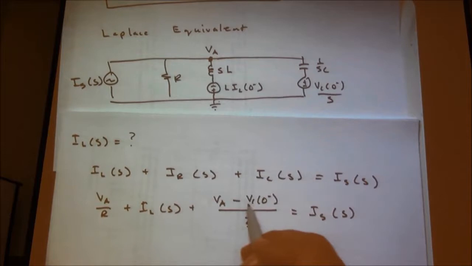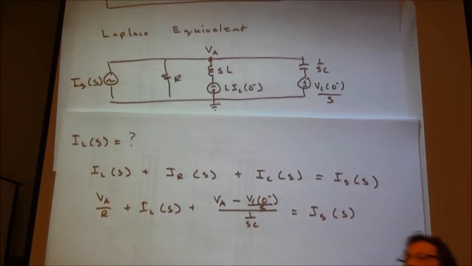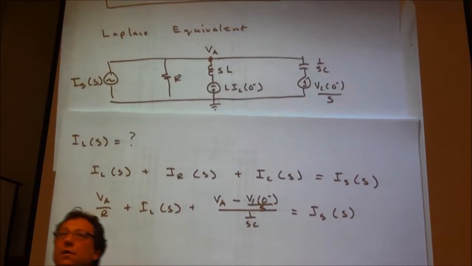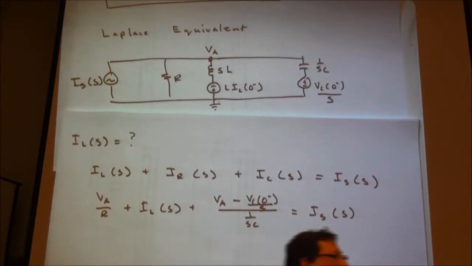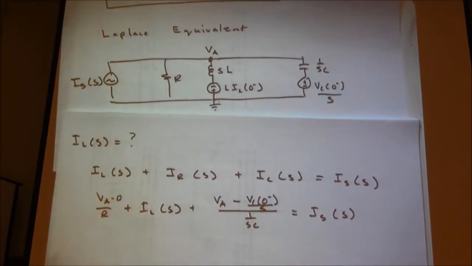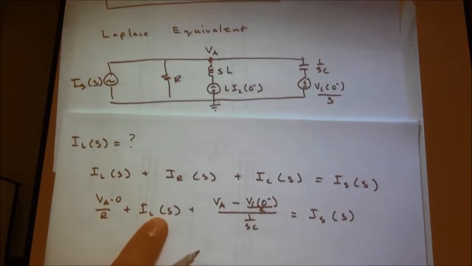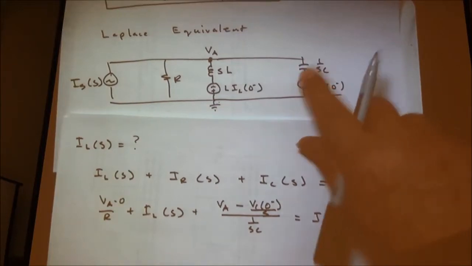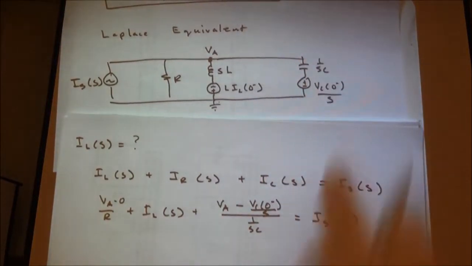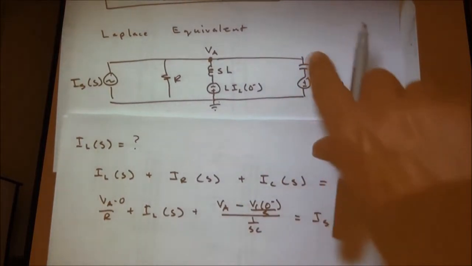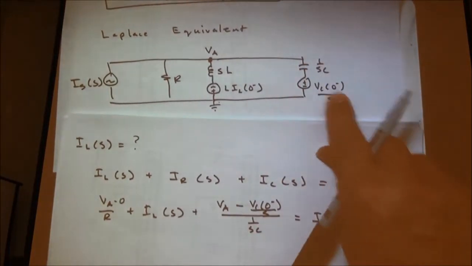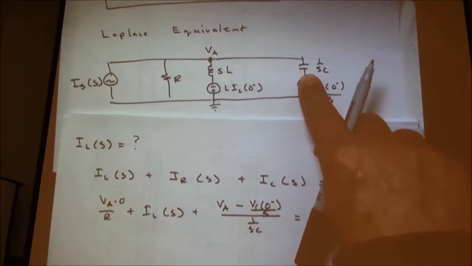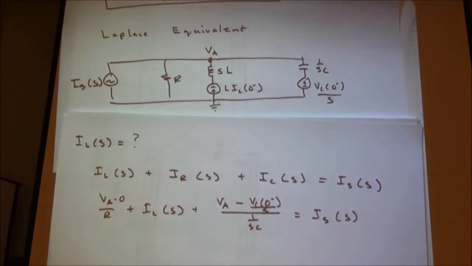Oh, VC over S. Is that good? Everybody okay with what I just wrote? So the current through the resistor, VA, if we want to be a little bit more complete, VA minus 0, plus the current through the inductor, which is what we're interested in, plus the current going down that direction, which is VA minus the voltage here, which is VC(0 minus) over S, divided by the impedance.